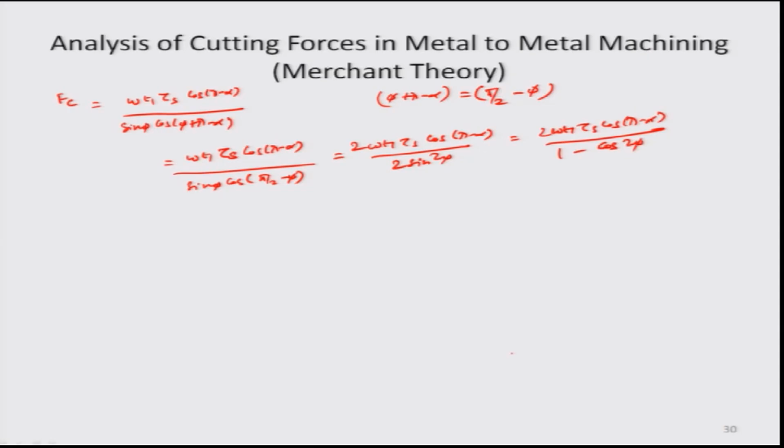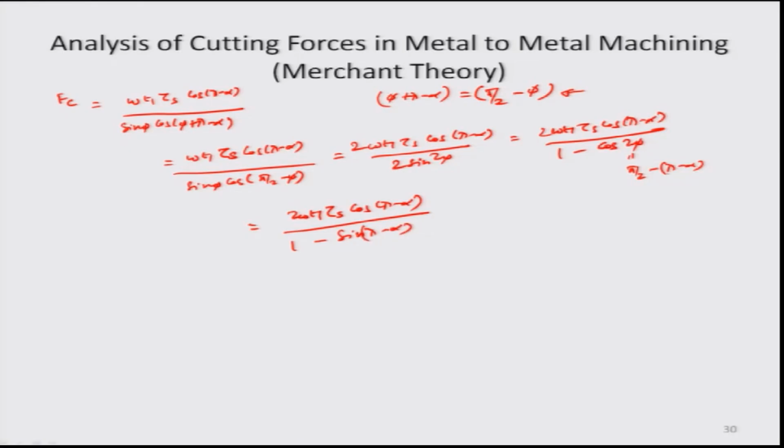So, cos of 2 phi obviously is nothing but, again if I look at this particular equation, can be pi by 2 minus lambda minus alpha, in brackets. Okay. So, we just substitute that again and try to see what form the equation would take. This is twice W t1 tau s cos lambda minus alpha divided by 1 minus sine lambda minus alpha.